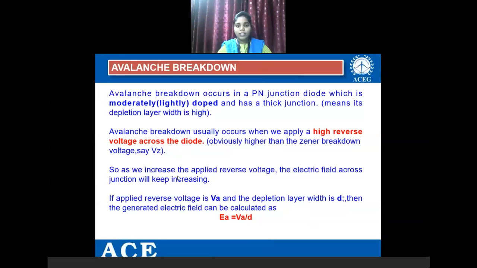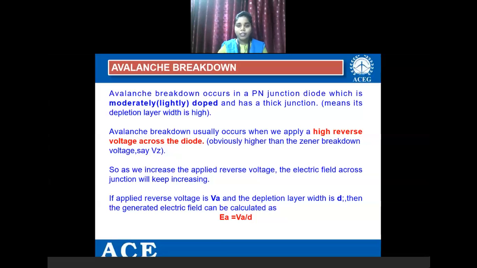Is this clear? Whenever we increase the applied reverse voltage V, what is going to happen? Obviously, our electric field will also increase. Due to this strong electric field, carrier multiplication will take place. Due to that, our diode is going to conduct very heavily and avalanche breakdown will occur.